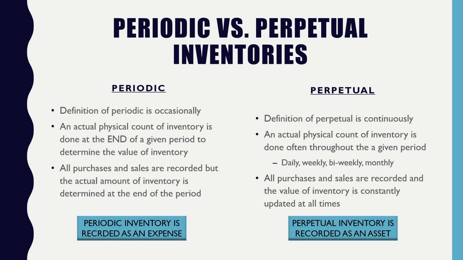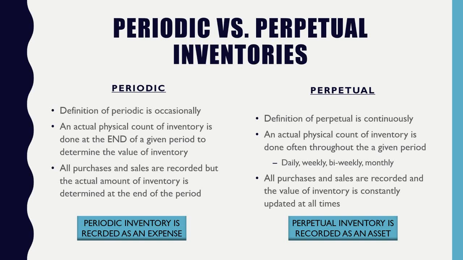But in this case, it's not required all the time, just because if you're keeping a really good track record, you wouldn't need to know how many that you have on hand, because you would know immediately. Okay? So that's a huge difference.